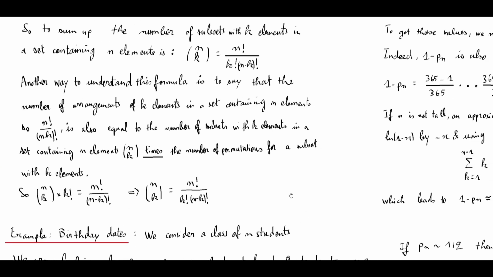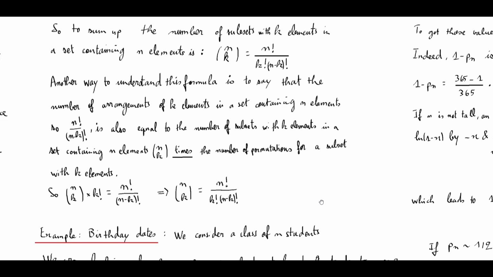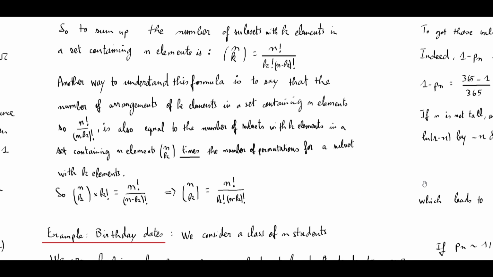So, to sum up, the number of subsets with k elements in a set containing n elements is n choose k equals n factorial over k factorial times n minus k factorial. Another way to understand this formula is to say that the number of arrangements of k elements in a set containing n elements, so n factorial over n minus k factorial, is also equal to the number of subsets with k elements in a set containing n elements times the number of permutations for a subset with k elements.